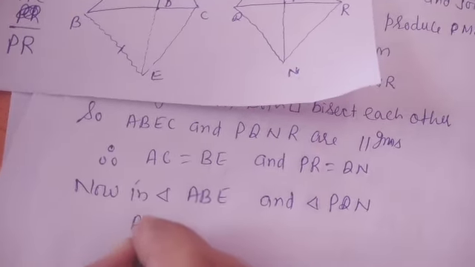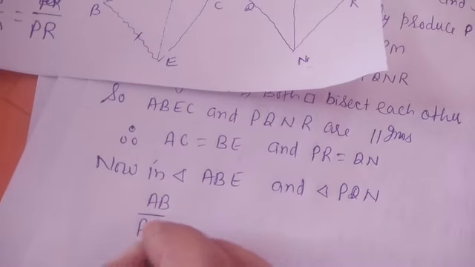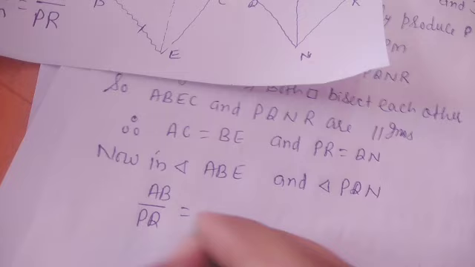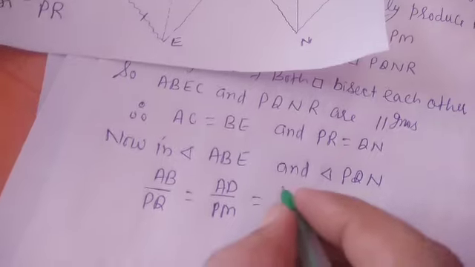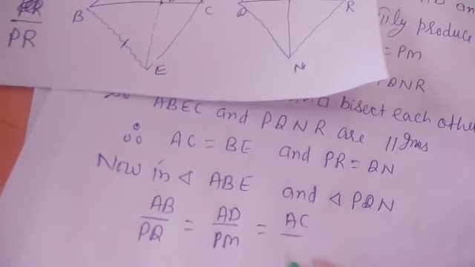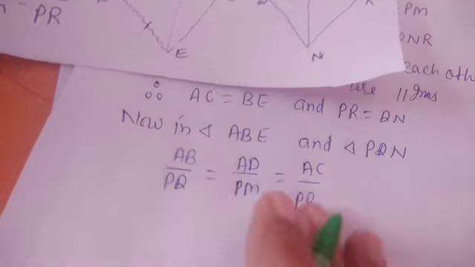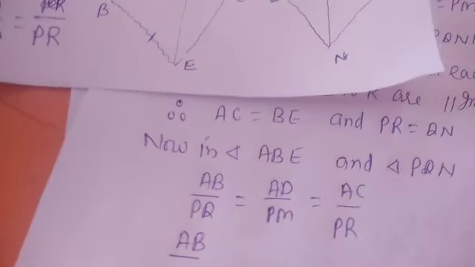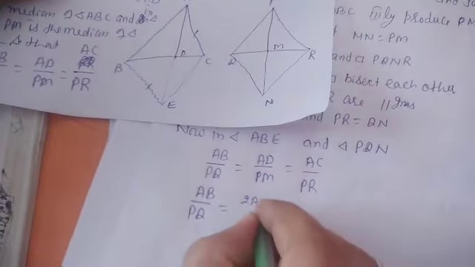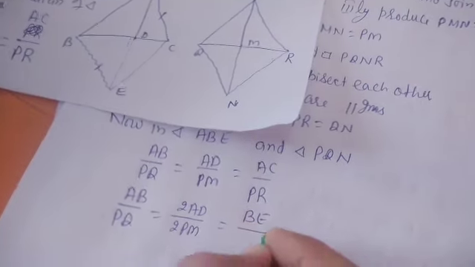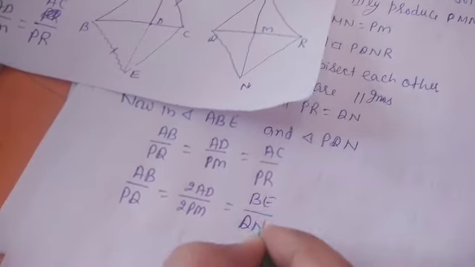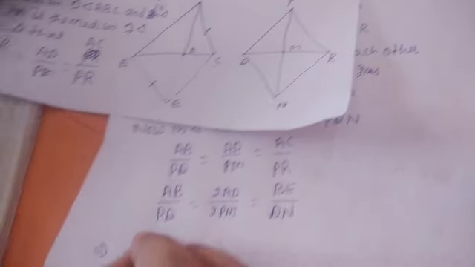As we know, AB by PQ, yes or no? AD by PM is equal to AC by PR. So this we can write AB by PQ. This we can write twice of AD, multiply numerator and denominator PM. AC equal to BE, PR is equal to QN. So what does this become?